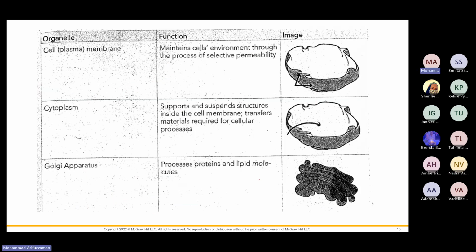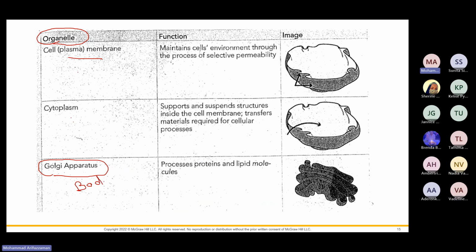Okay, now the organelles. These are the molecular machineries within the cell that perform important functions. I'll not go over the cell membrane and cytoplasm, already mentioned, but the Golgi apparatus, also called the Golgi body, both are correct.